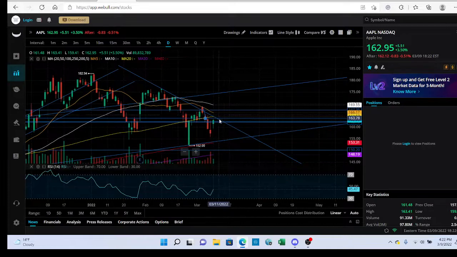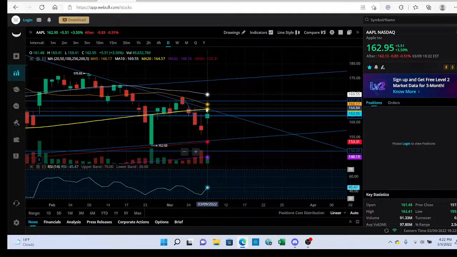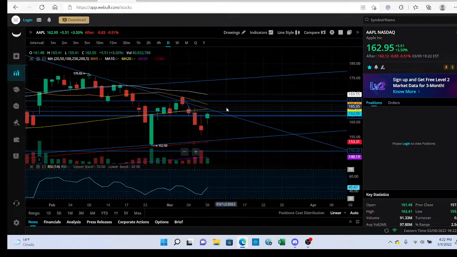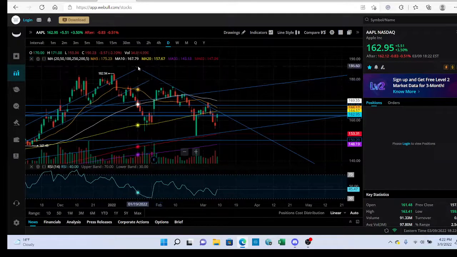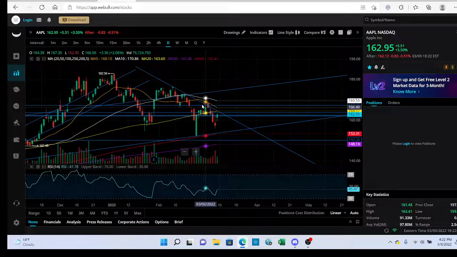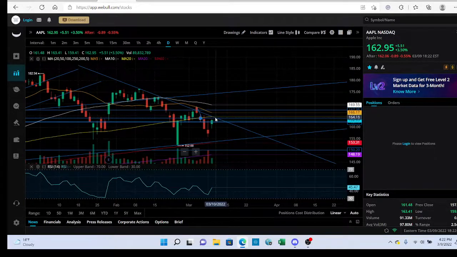So what I'm seeing here is that we're actually below the 100-day moving average, and that 100-day moving average sits at 164.57. The 20-day moving average is actually going to go underneath the 100-day moving average here soon. And we're basically underneath this trend line. So for us to be bullish, we have to break above this trend line.